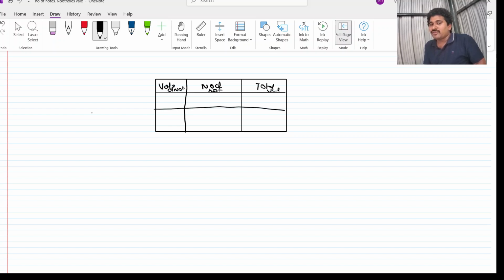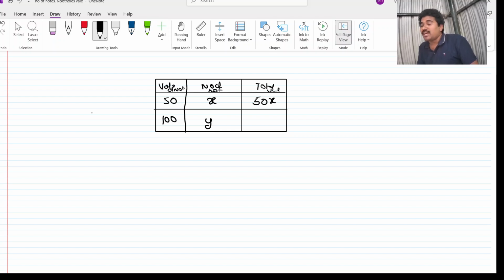Which type of notes did he get? 50 rupee notes and 100 rupee notes. How many notes? X. How many? I don't know, that's why I wrote X and Y. Total value: 50 into X, 50X, and 100 into Y, 100Y.